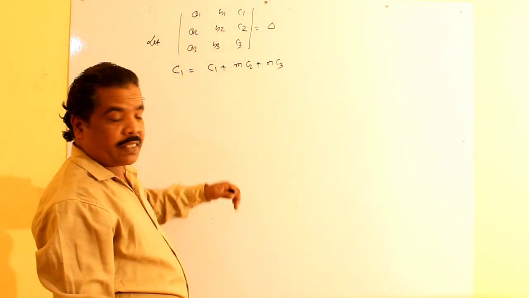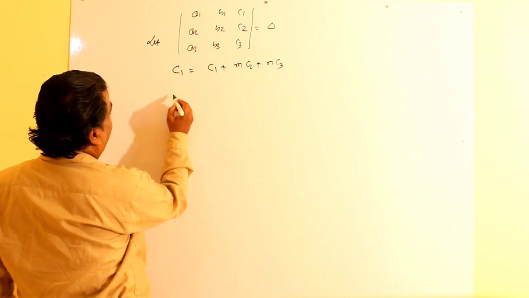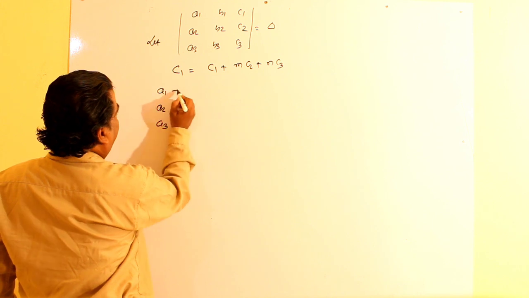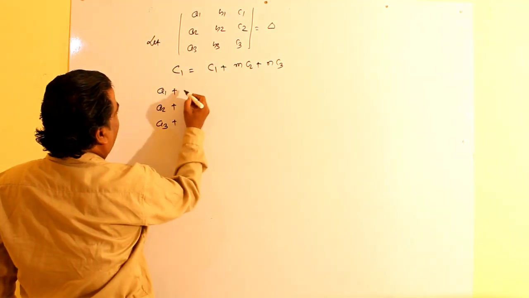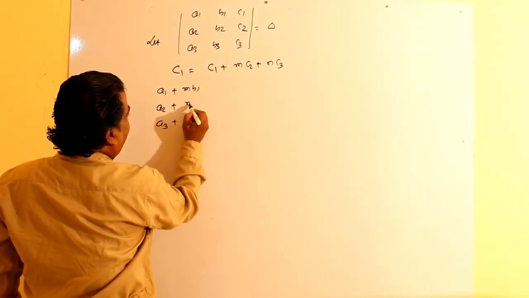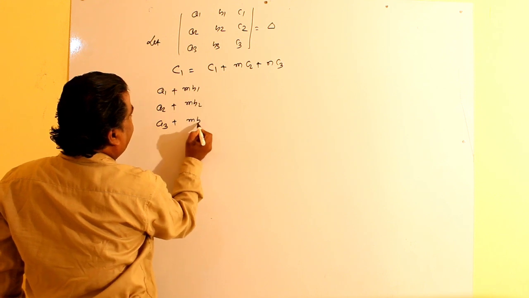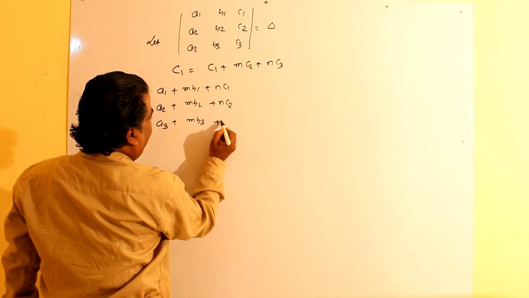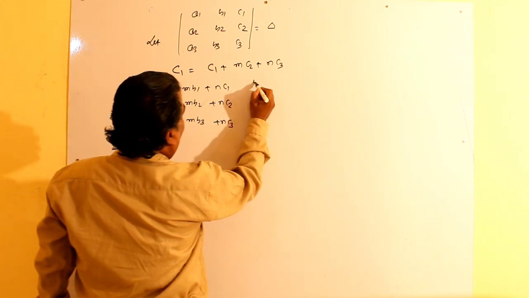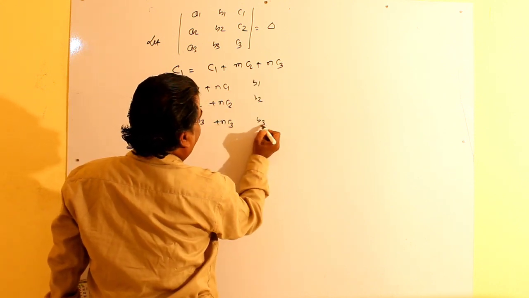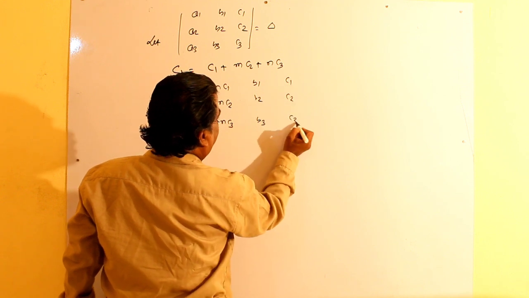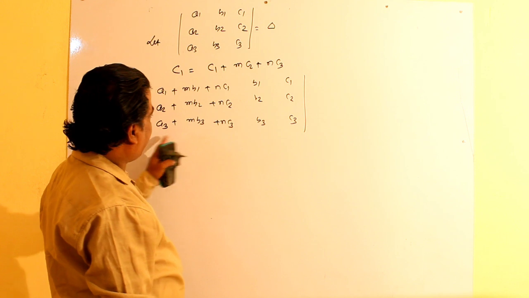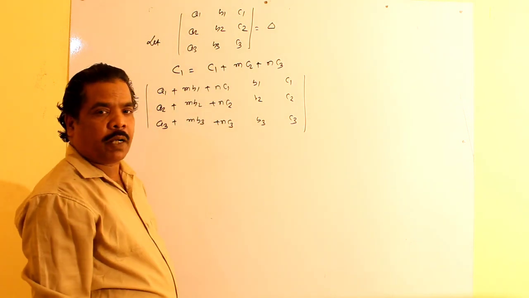In place of column 1 we write A1, A2, A3 plus m times column 2, MB1, MB2, MB3, plus NC1, NC2, NC3, with B1, B2, B3, C1, C2, C3.